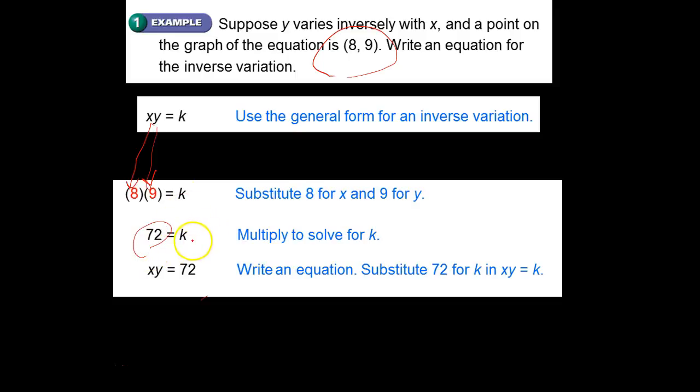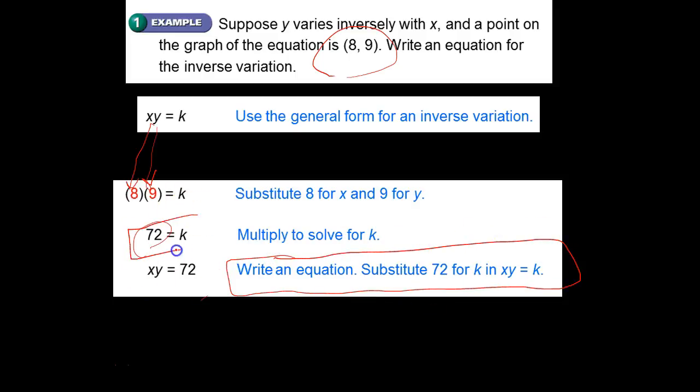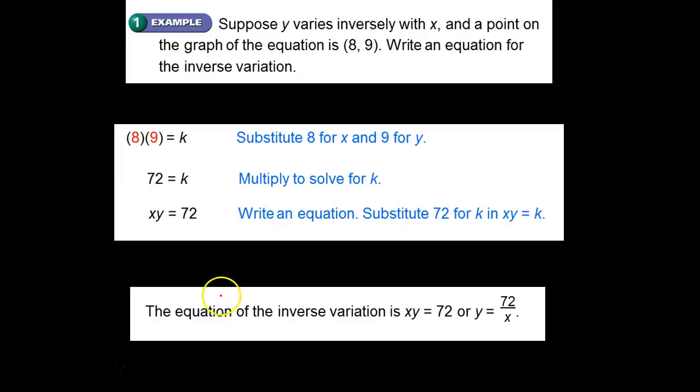72 is my k. So to rewrite the equation, make sure you do not leave it as k equals 72. You do have to rewrite it and include your x and y. So x times y equals 72. Once again, your inverse variation includes your x and y, and we want to leave it as y equals.